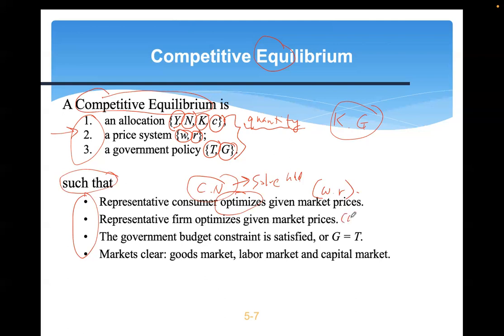That just means they take W and R as given, and then the N and K we observe from above are going to solve the firm's problem.